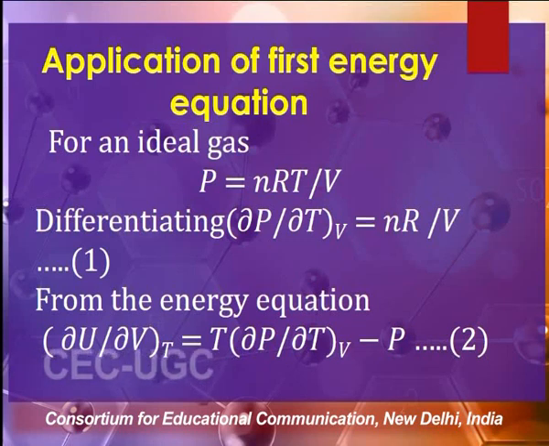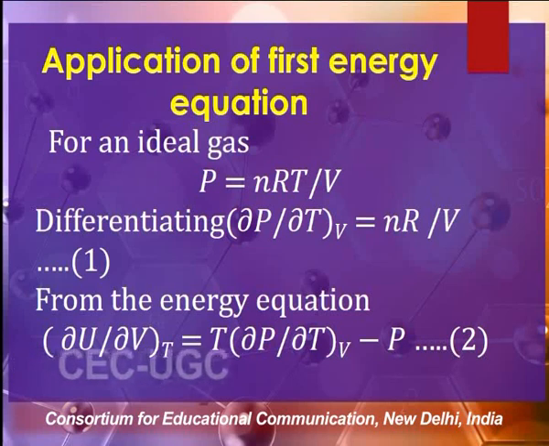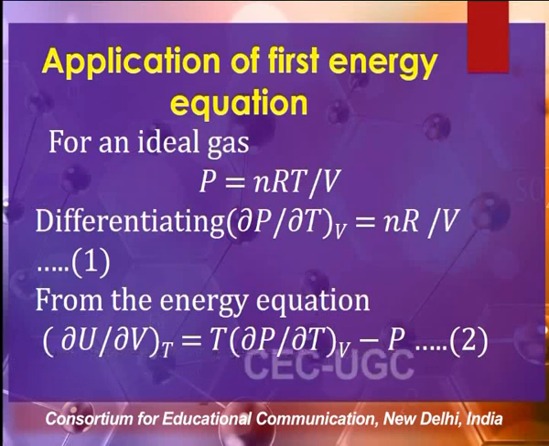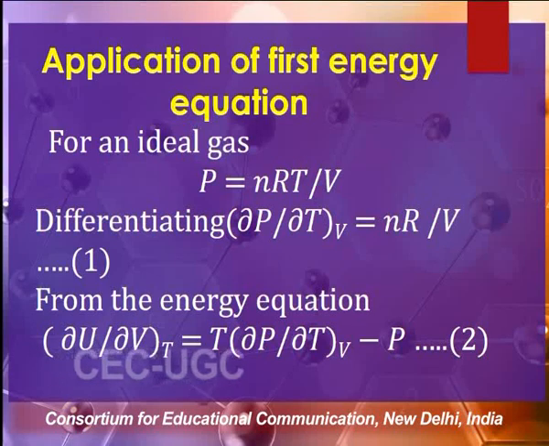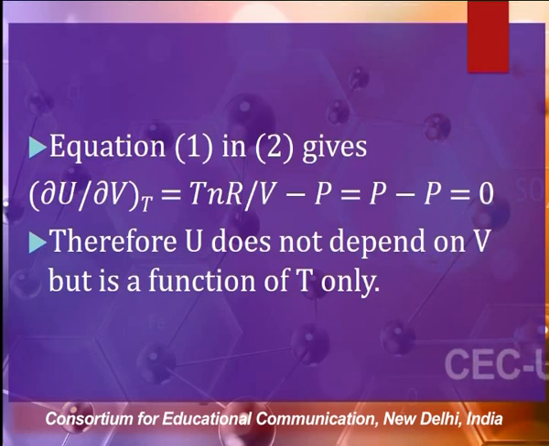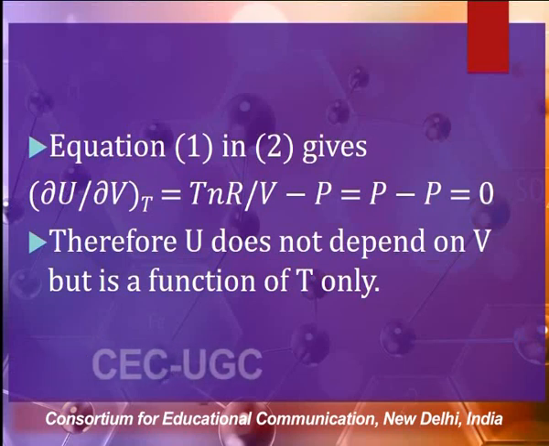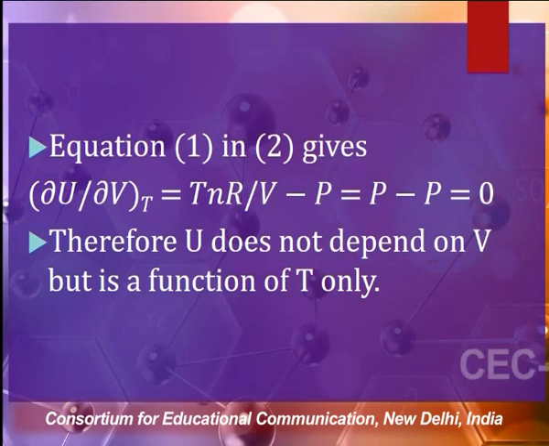Call this 1. From the energy equation, we have ∂U/∂V at constant temperature is equal to T times ∂P/∂T at constant V minus P. Call this equation 2. If we substitute equation 1 in equation 2, we get ∂U/∂V at constant T is equal to nRT/V minus P.